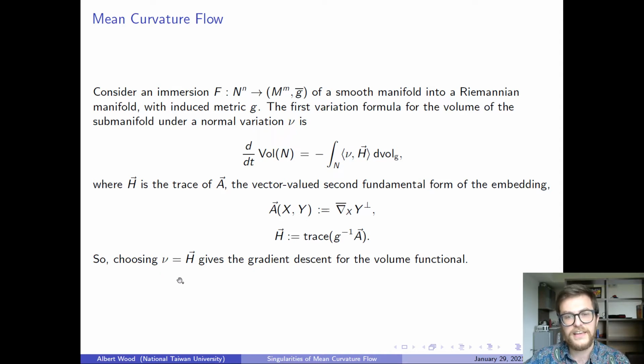On the other hand, we can also consider the gradient descent. So if we pick our normal variation here to be the mean curvature vector itself, then this will be the most efficient decrease in volume among normal vector fields of the same L2 norm.